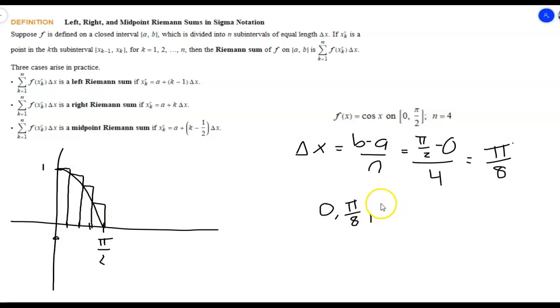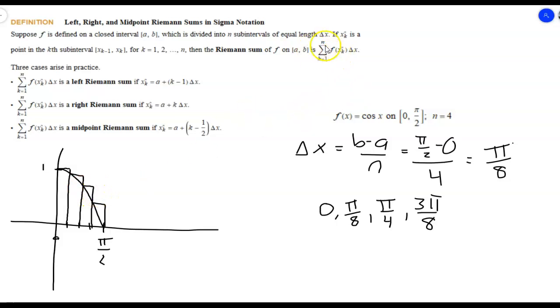You add another pi over 8, and you get 2 pi over 8, which is pi over 4. And then for this last rectangle, you add another pi over 8, and you get 3 pi over 8.